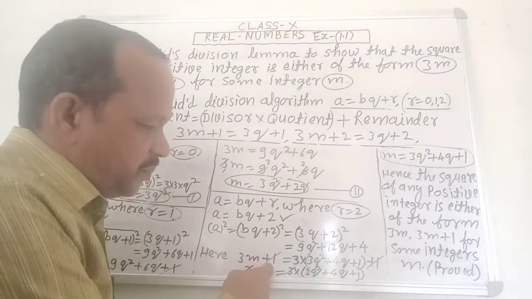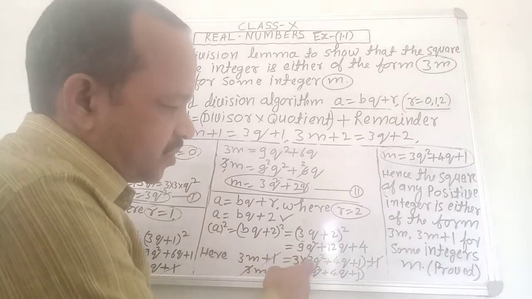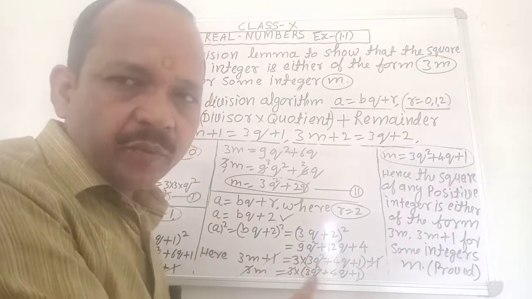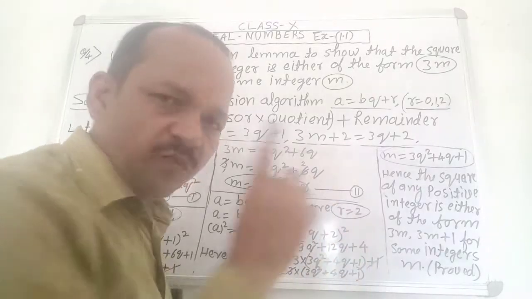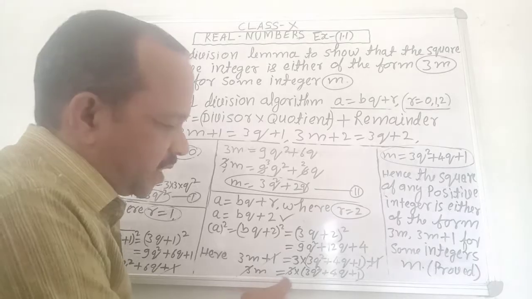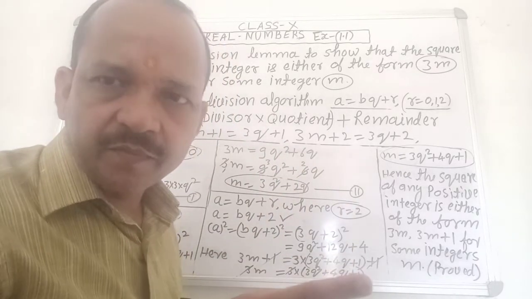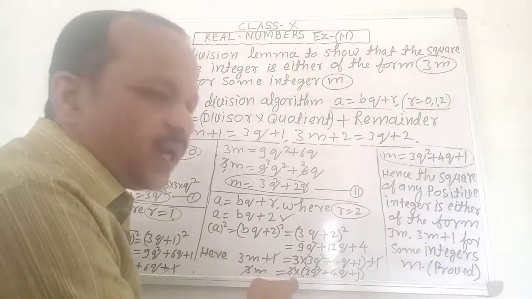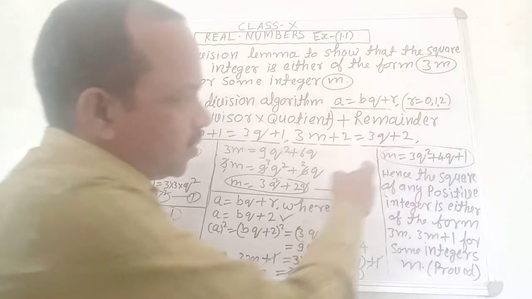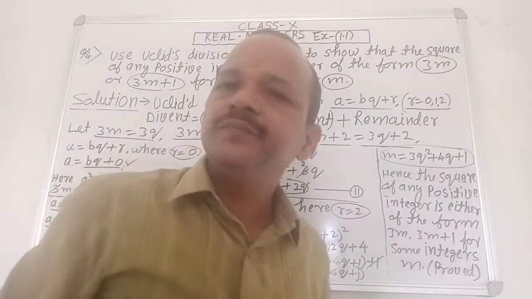Hence 3m plus 1 equals 3 multiplied by (3q square plus 4q plus 1) plus 1. It becomes 3m equals 3 multiplied by (3q square plus 4q plus 1). 3 is cancelled by 3. It becomes m equals 3q square plus 4q plus 1.